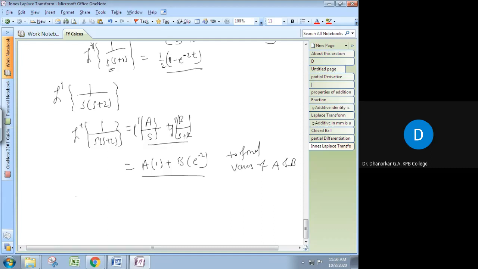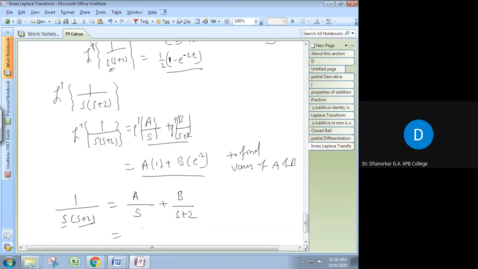Here we have the expression 1 divided by s into s plus 2. These are the two factors. Therefore, we know how to separate these two factors: A divided by s plus B divided by s plus 2.